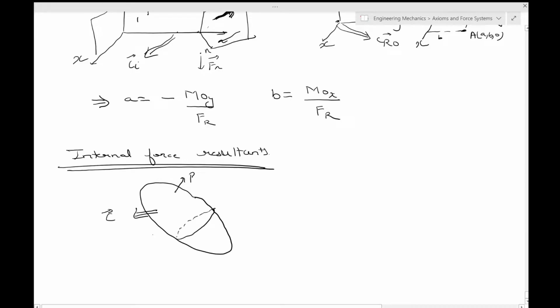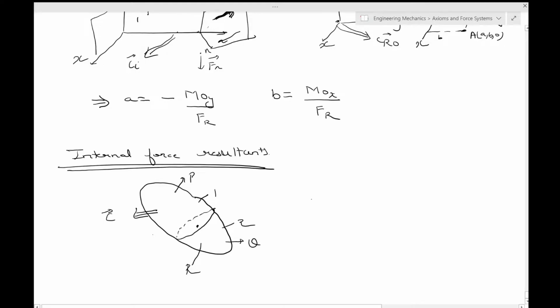Every time you want to calculate an internal force, you must make this hypothetical cut into two parts. So you have forces P, Q, R acting on this body, couple moment is C, the direction is shown, and now you want to find, say, what is internally happening over here in this point.